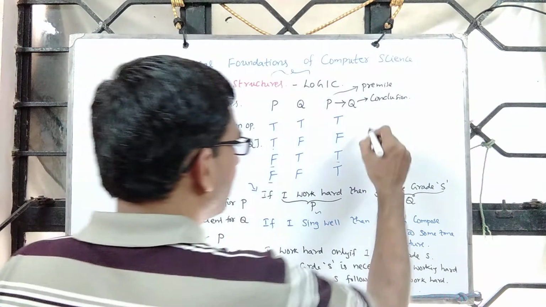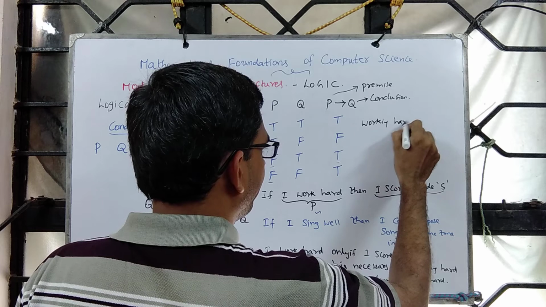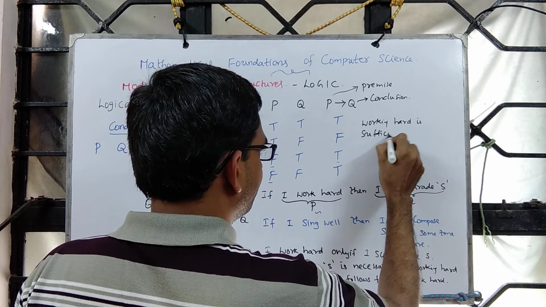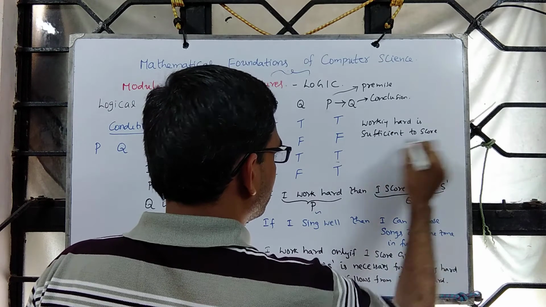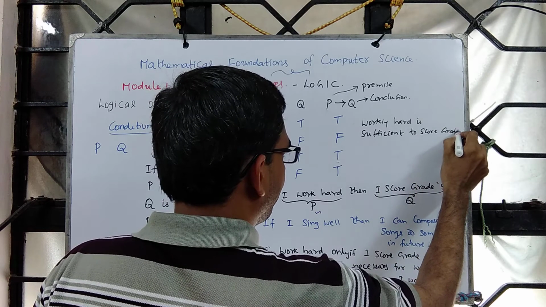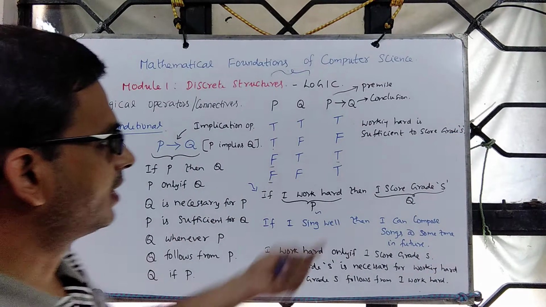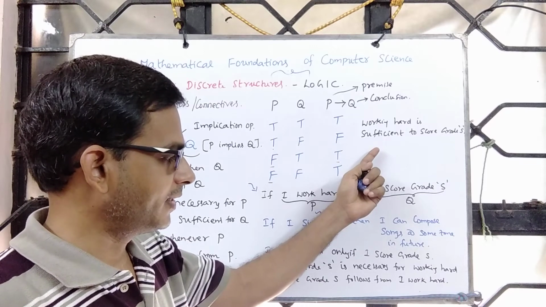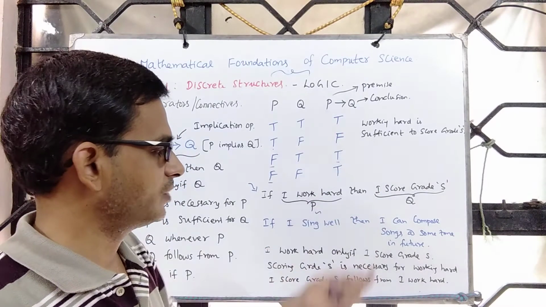So working hard is sufficient to score grade S. It makes sense, right? When you read newspapers and articles, we get to see the usage of necessary, sufficient, and so on.